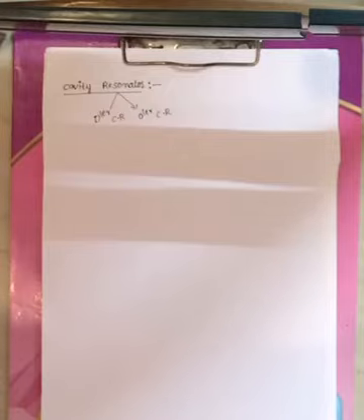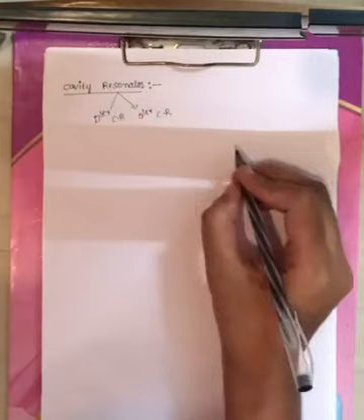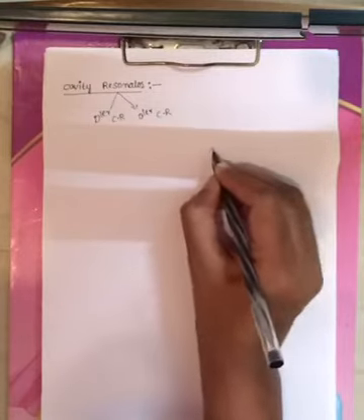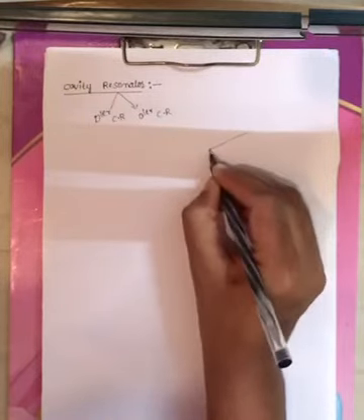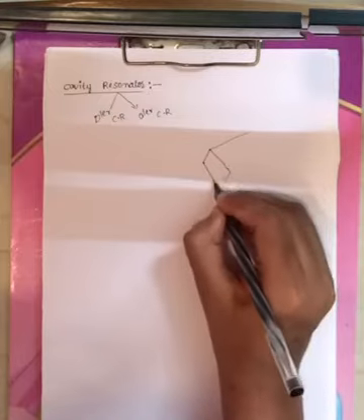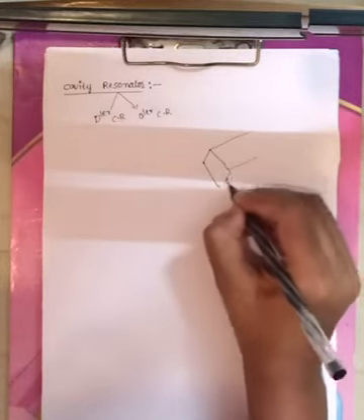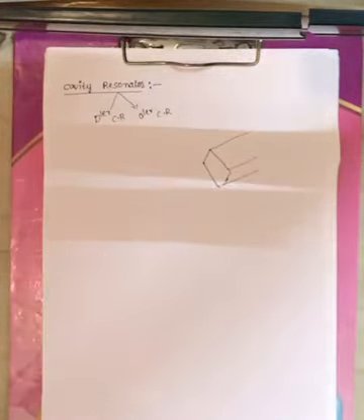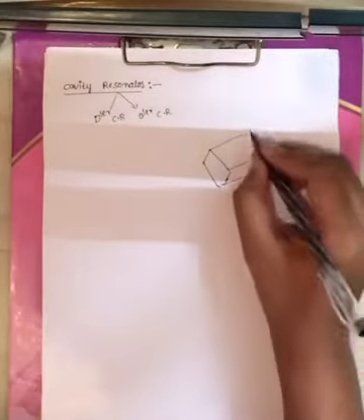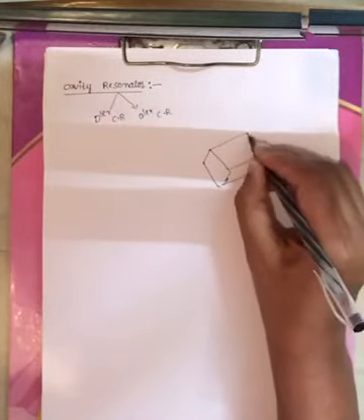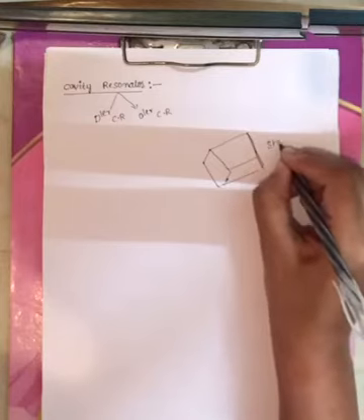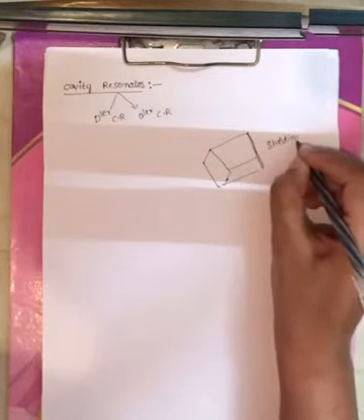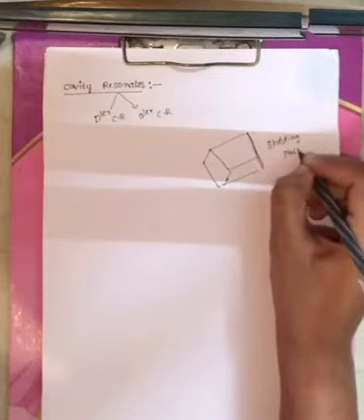Now coming to the definition of cavity resonator, consider this is your rectangular waveguide. When one end of this waveguide is terminated with a shorting plate, what happens?